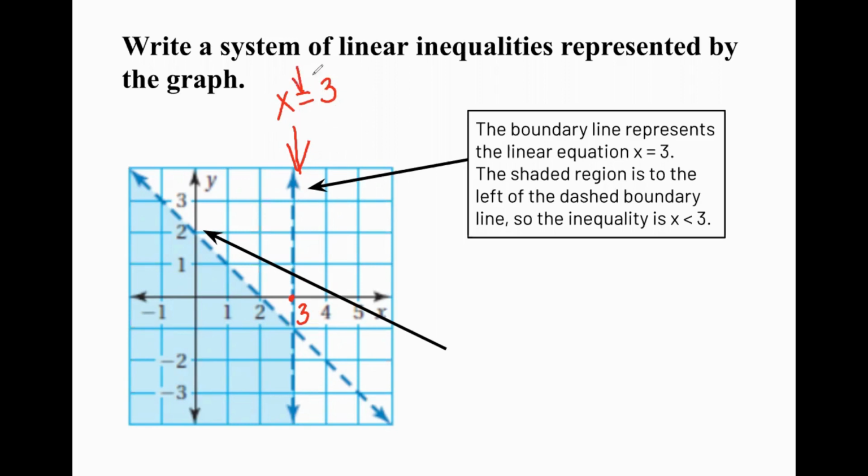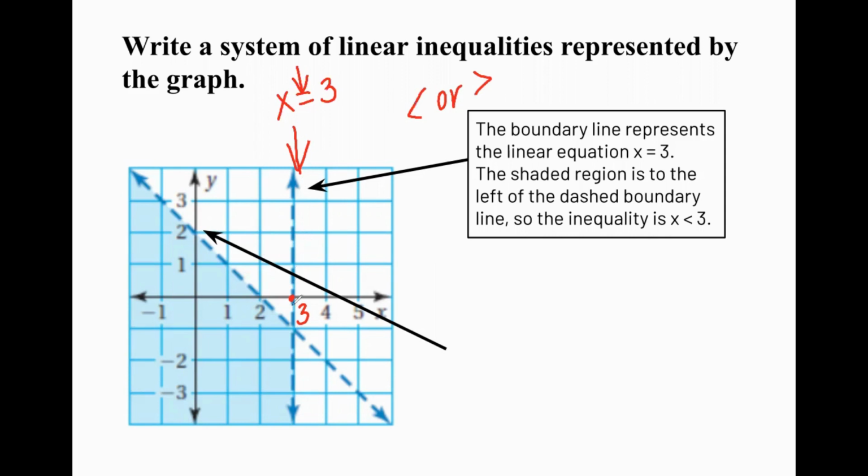However, we have to replace our equal sign with an inequality symbol. Looking at our line, it's dashed, so it's either less than or greater than. The way we determine this is to look at our shading. Now notice here that this is actually a vertical line, so you can't have your shaded regions either below or above your line.